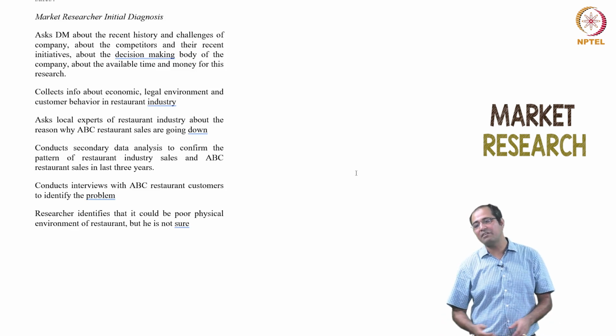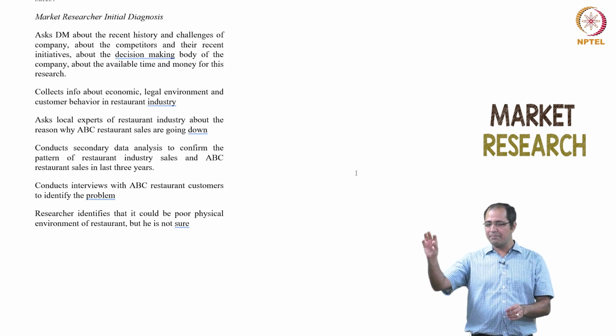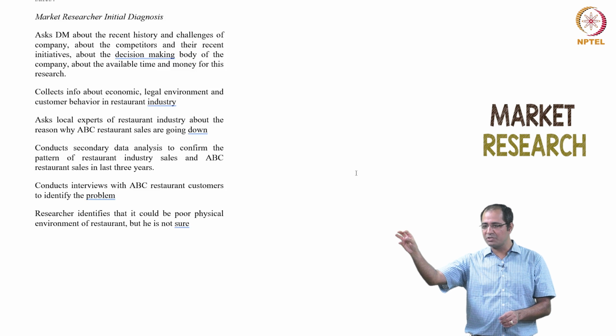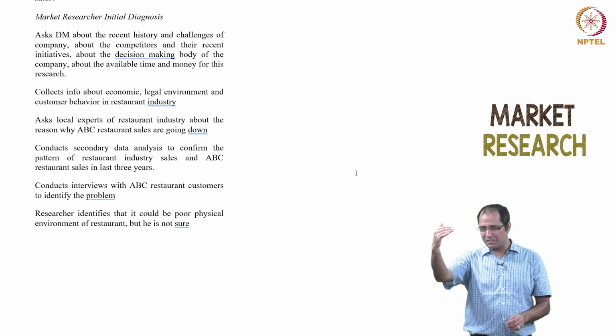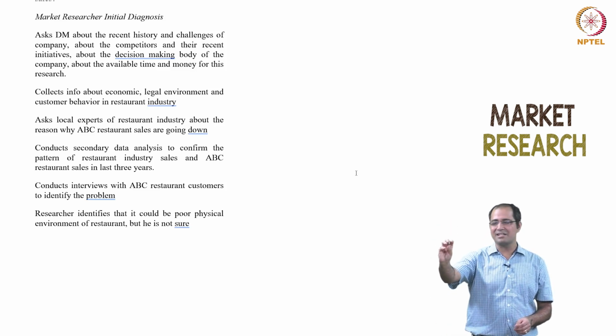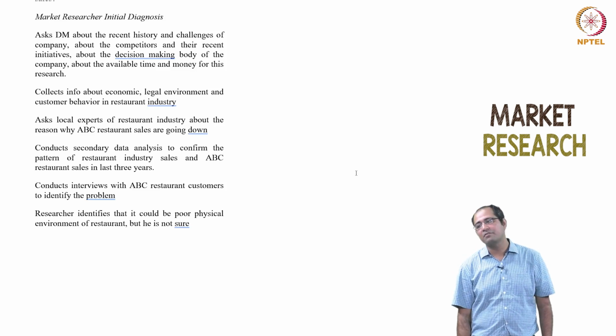Then you have to go to developing an approach to the problem. Go to Google Scholar and type the probable cause, physical environment of restaurant. You will get some good journal papers. Click on the first result, second result, look at that journal paper, and you will get the constituents of the physical environment of a restaurant.